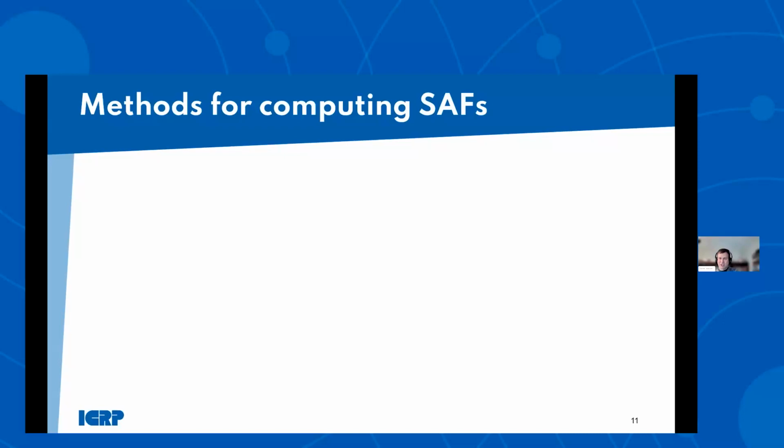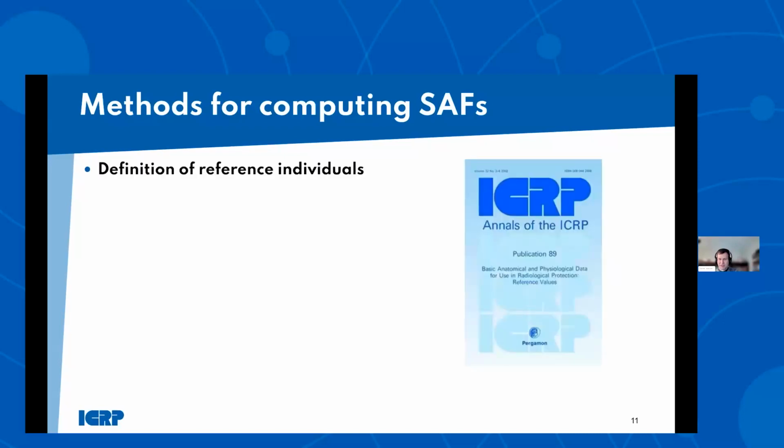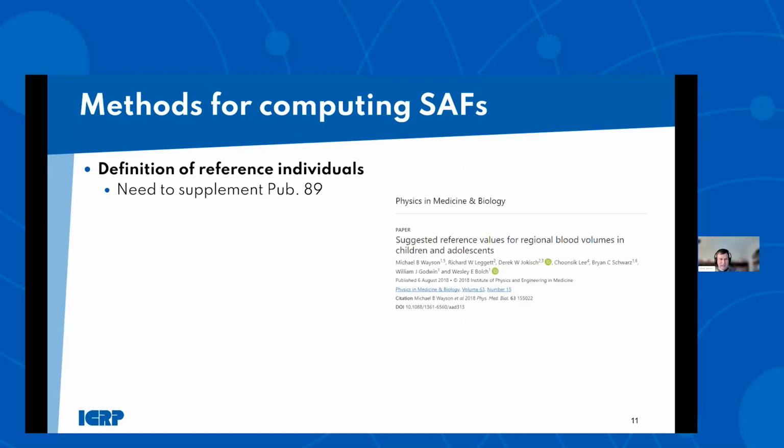What do we need to compute all of the SAFs? Well, we need to define the reference individuals. We talked about that earlier. This included the need to supplement some of the information in publication 89, such as determining reference blood distributions in the pediatric individuals.